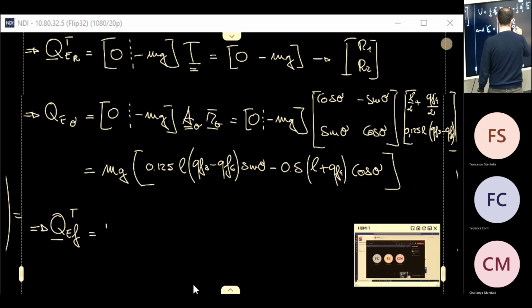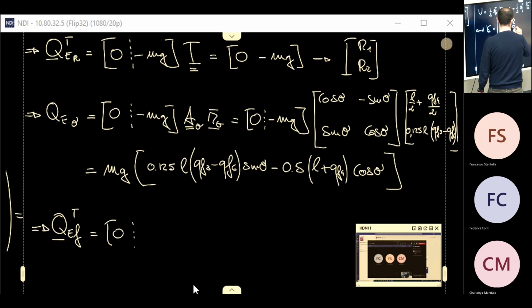And this is, again, 0 minus mg divided over A, and on psi at xi equal to 0.5.